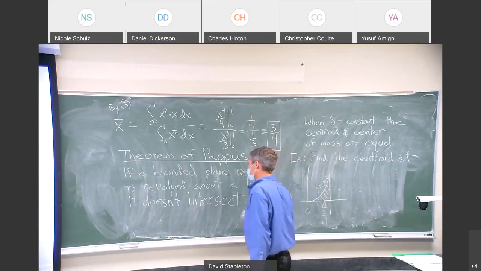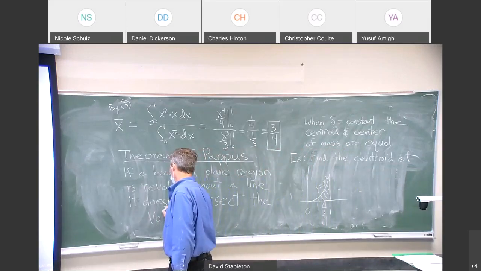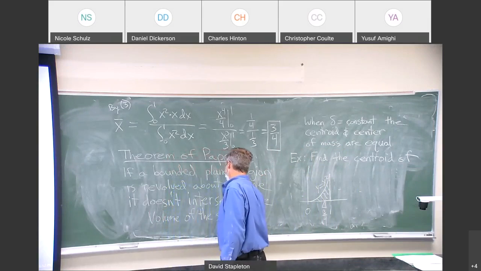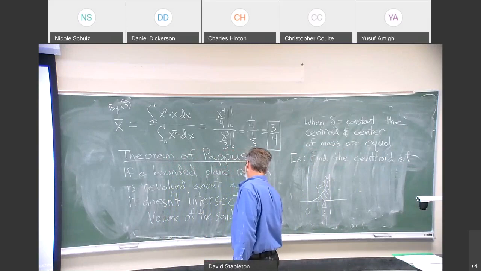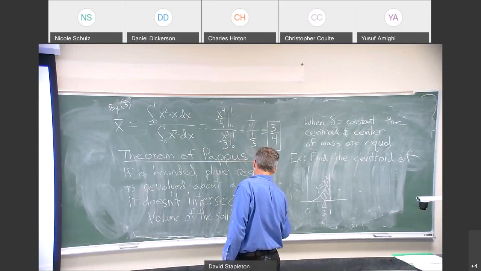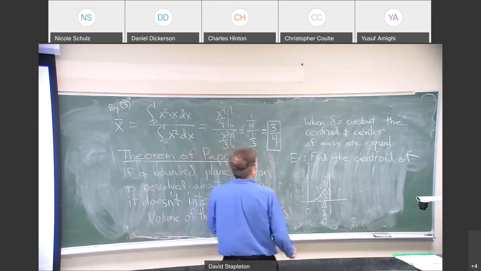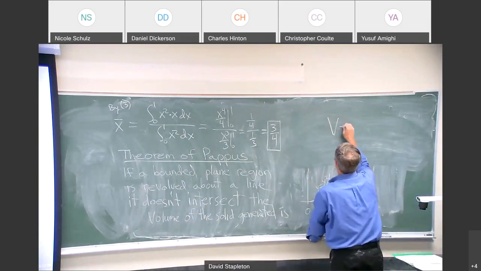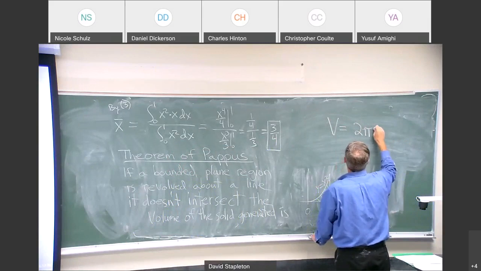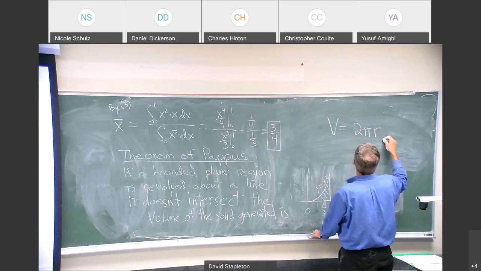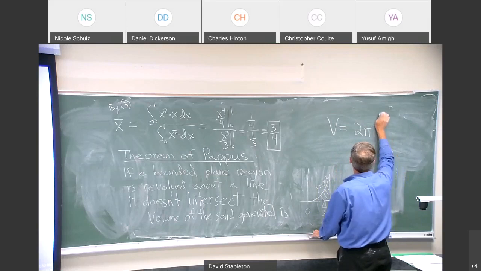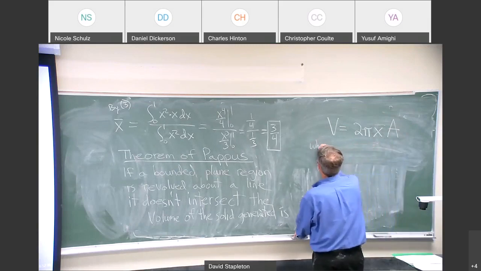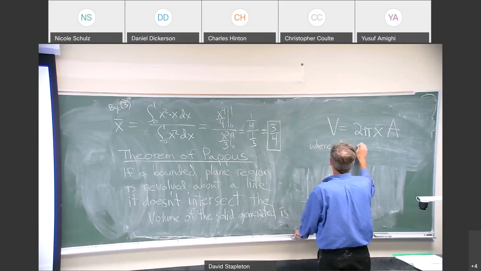The volume generated in the solid by revolving it is V equals 2 pi, X bar, let's call it, times A, where A equals the area of the plane region.